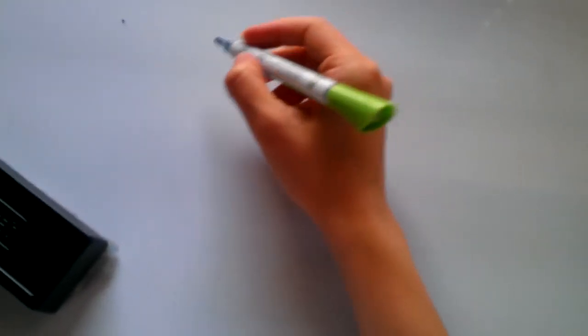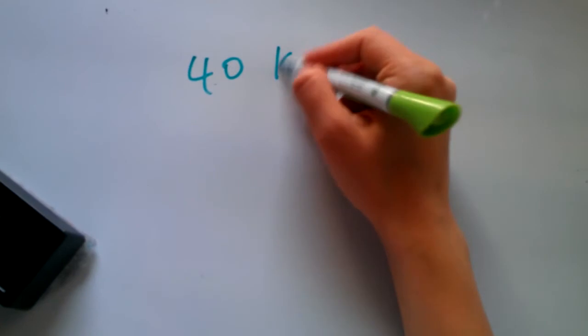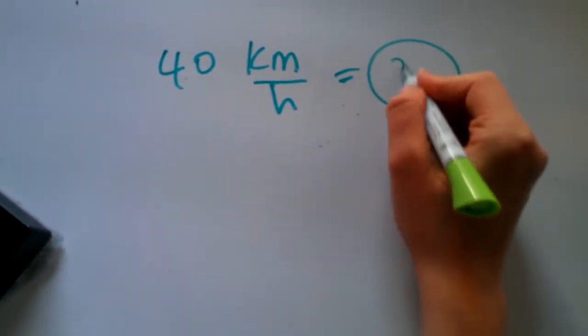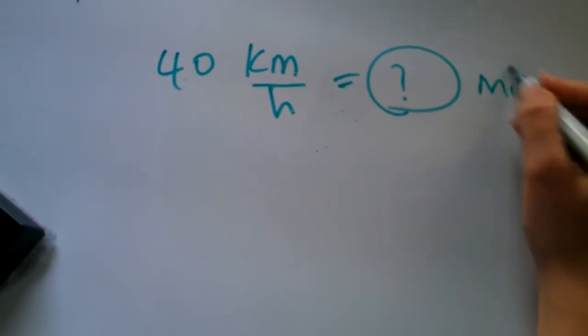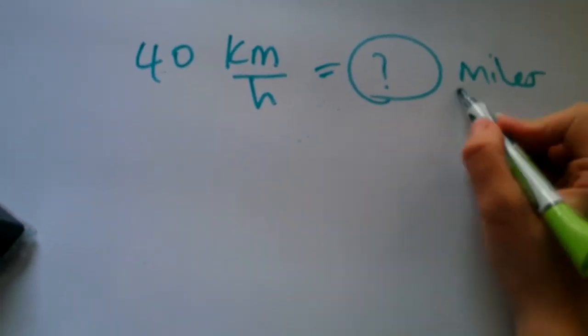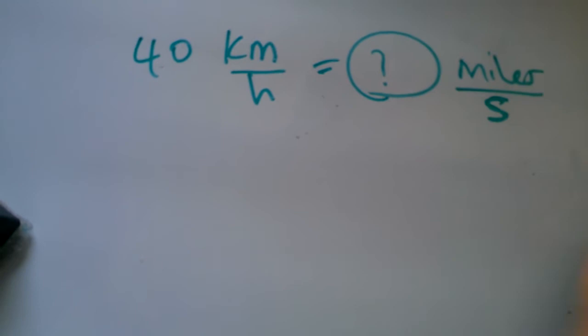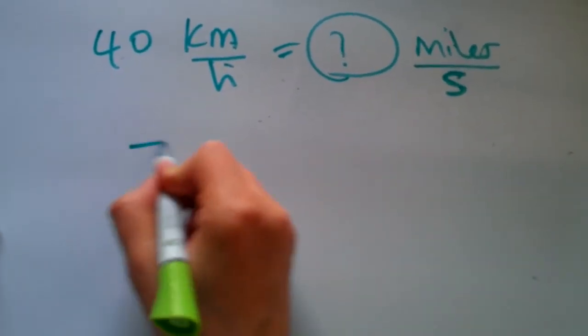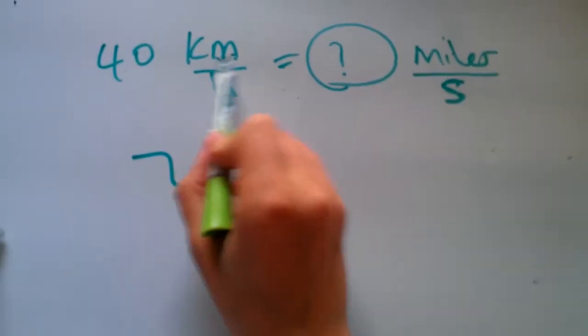In the meantime, I would like to do one more problem, emphasizing how we convert things. If I ever tell you to convert 40 kilometers per hour to miles, not per hour but per second, then please make sure that you understand all of these things. So you go from kilometers to miles.